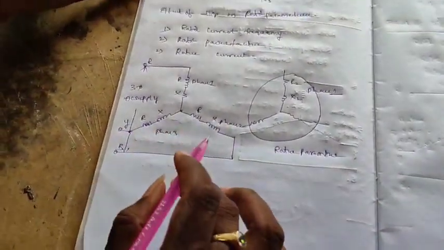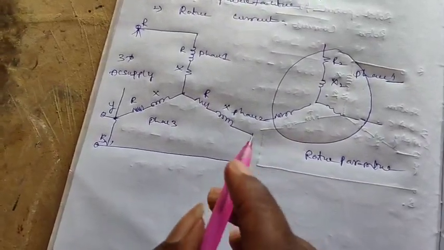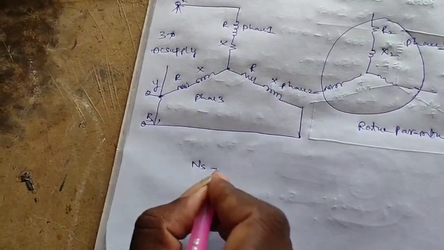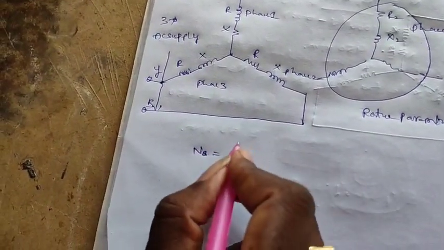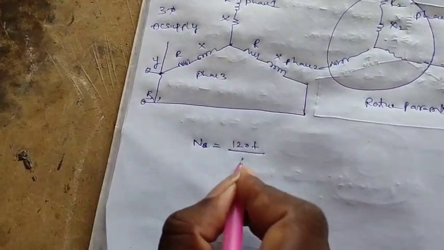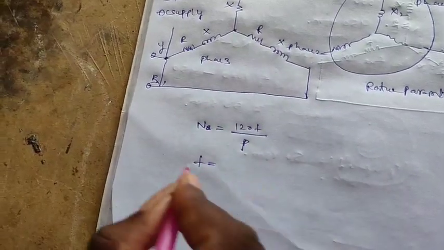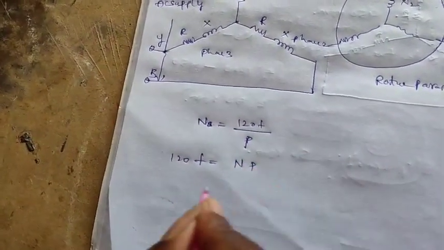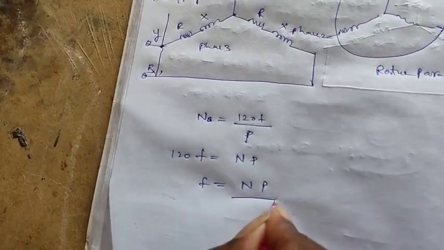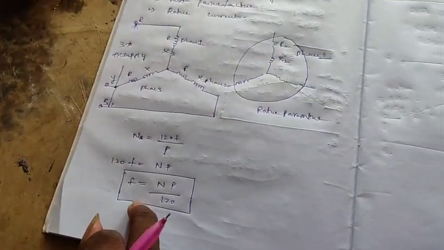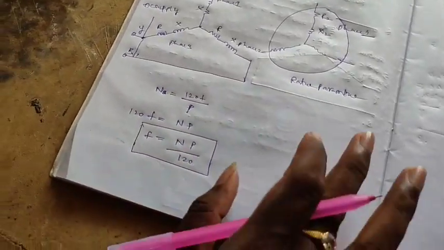So what is the effect of slip on rotor current frequency? From that we know the formula for speed is N equal to 120f by P. So from that the frequency f equal to N into P divided by 120. So the formula for frequency is N into P divided by 120.